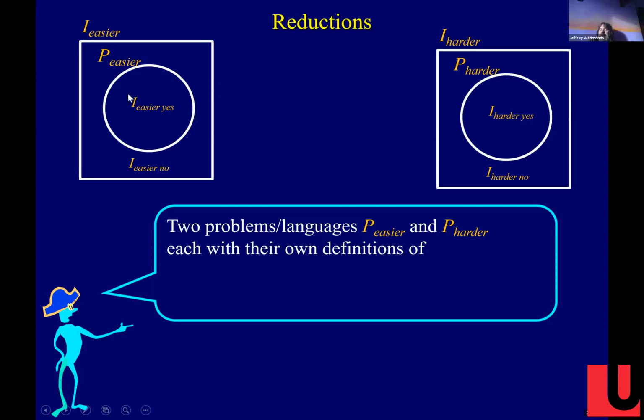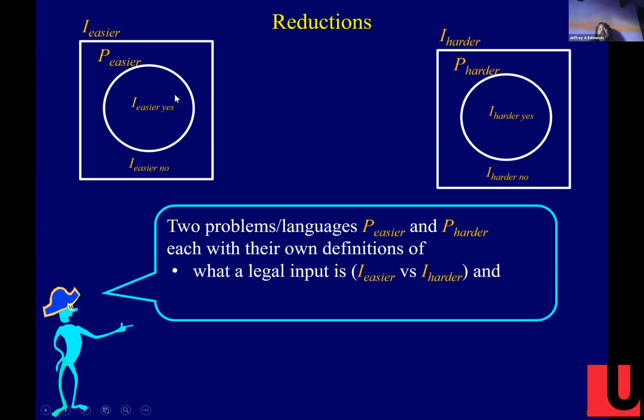So we pretend we have an input to the halting problem. This is the input to the halting problem. Remember, we want an algorithm that differentiates between the easy problem and the hard problem, and they have different types of inputs.